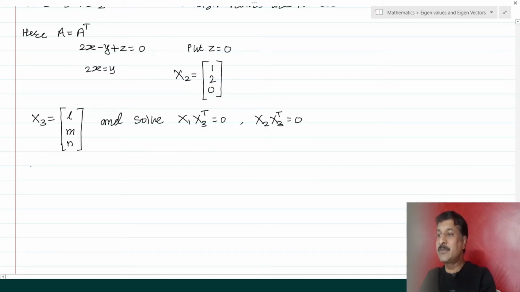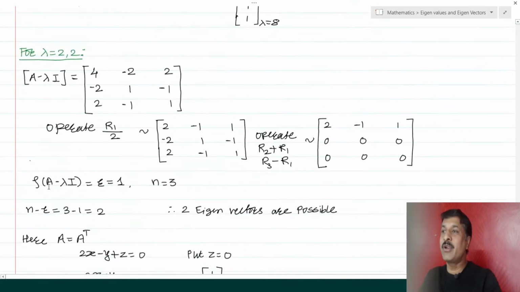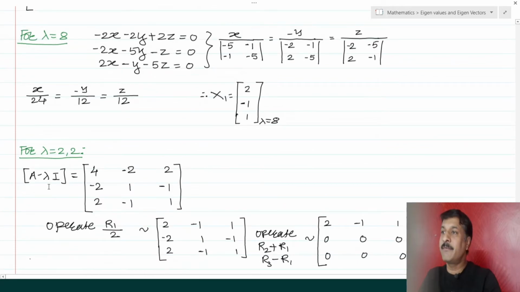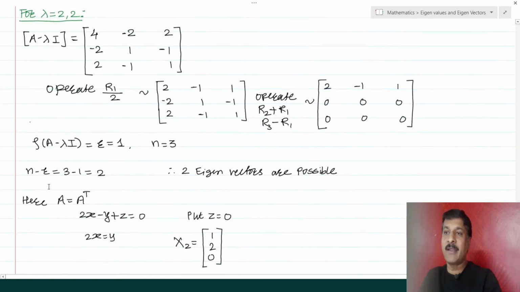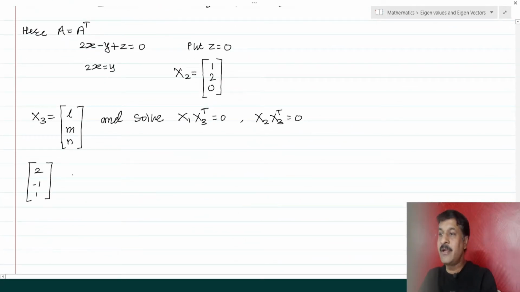So x1 you already have, corresponding to the first eigenvalue: 2, minus 1, 1. x3 transpose is L, m, n equal to 0, and second x2 is 1, 2, 0.